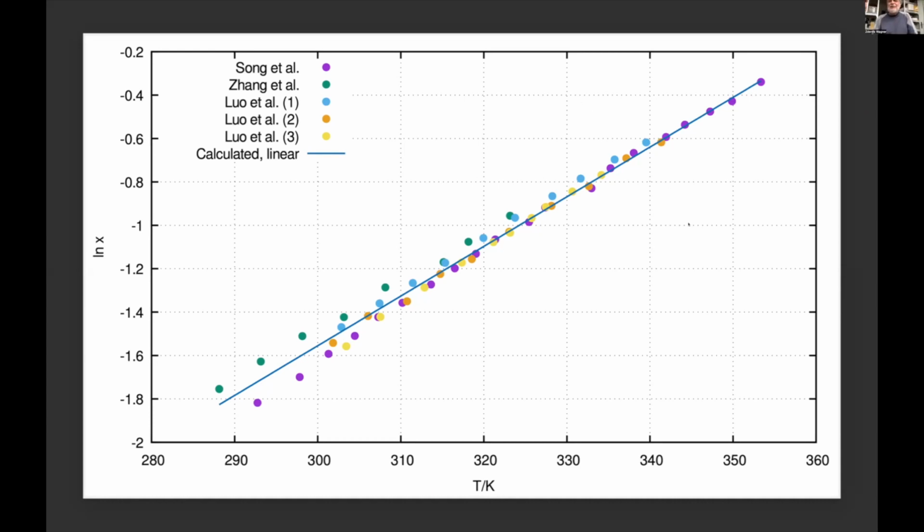I spent just a few minutes on the calculation, so it's not a complete analysis. I used the same data, because we used Excel files. First I used linear regression, not in reciprocal temperature but in temperature.